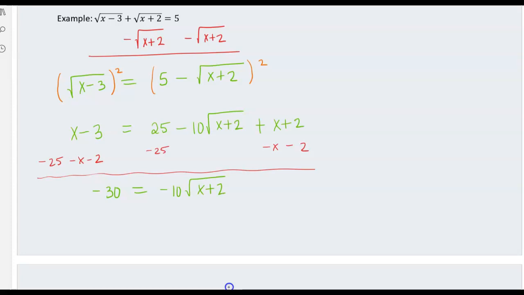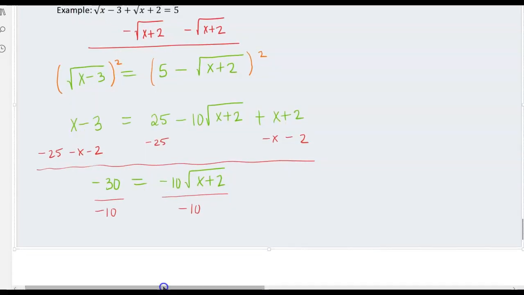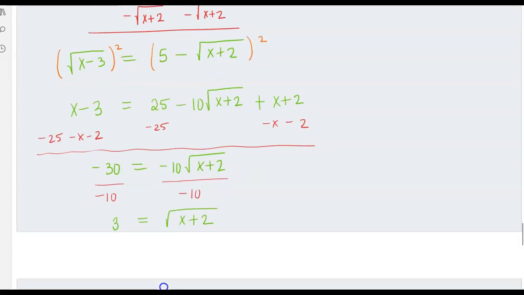I don't have to, but just because I can see that it's going to be easy, I'll divide both sides by negative 10. And then I'll have 3 equals the square root of x plus 2. That simplified pretty nicely, didn't it?